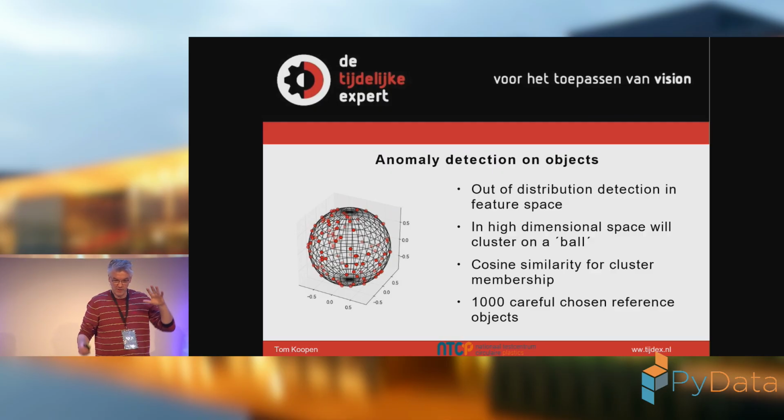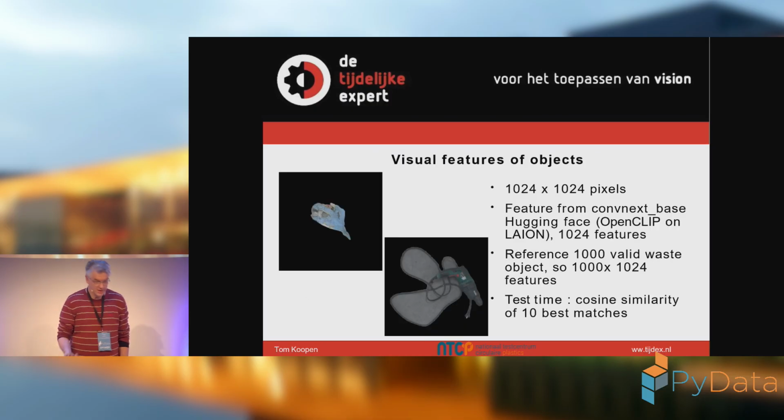We knew, for instance, that this is something that should be in PMD. We just gathered the features from this set of common objects to compare the out-of-distribution ones to. The first thing we did was the visual features of the object, which we got from a standard ConvNeXt-based model from Hugging Face.